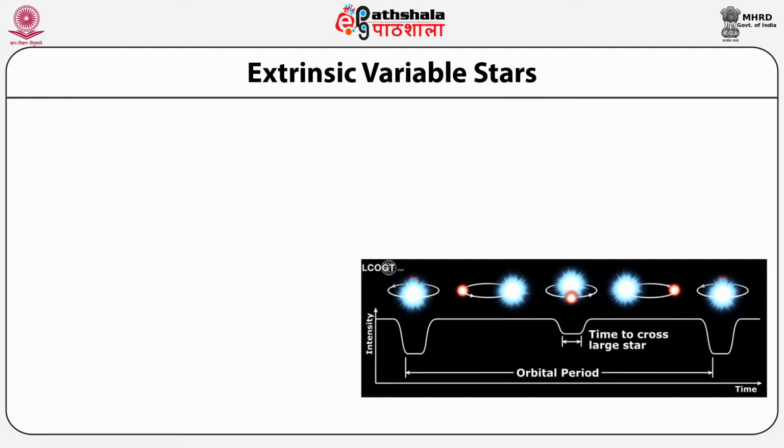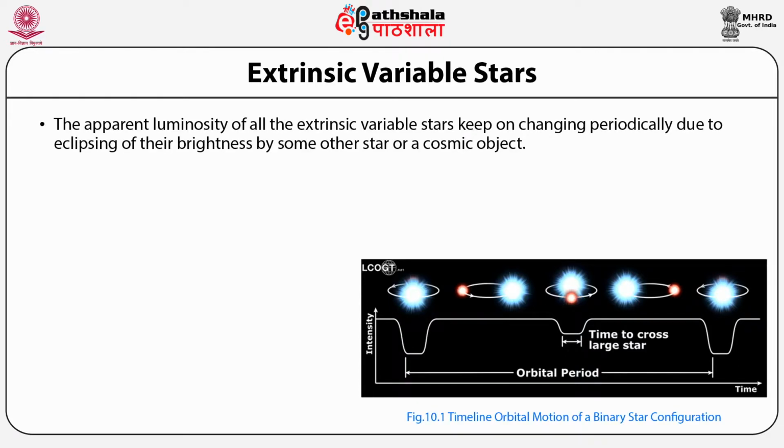While talking about the classification of variable stars, we will first talk about the extrinsic variable stars. The apparent luminosity of all the extrinsic variable stars keeps on changing periodically due to eclipsing of their brightness by some other star or a cosmic object. Binary and some groups of multiple stars constitute these types of variable stars.